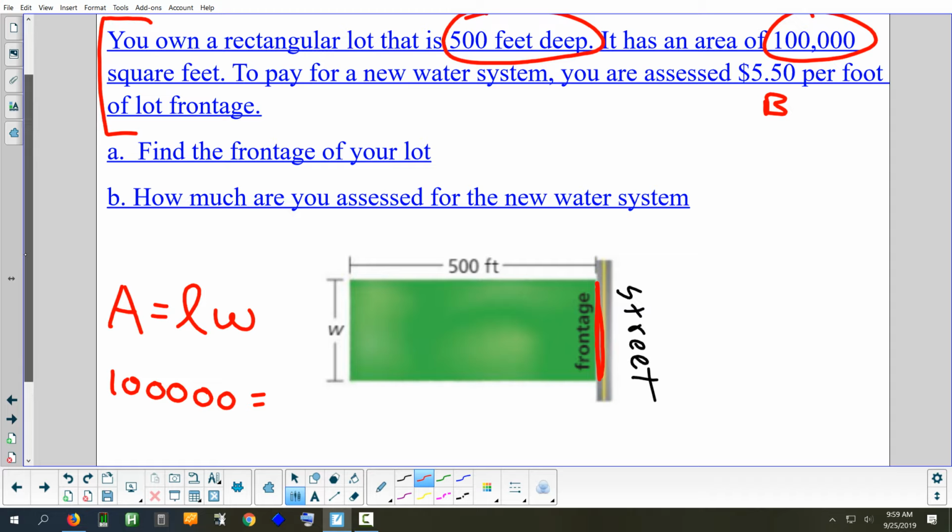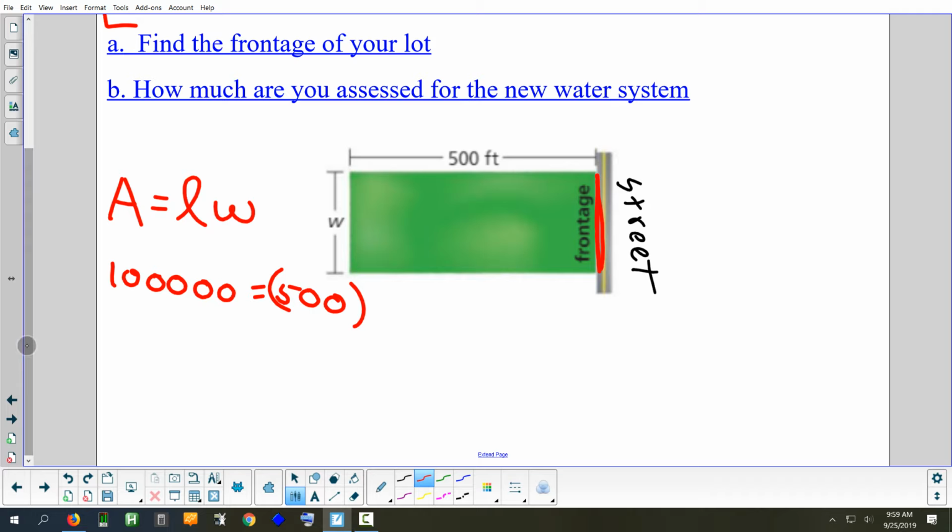Do I know L? What's L in this problem? 500, right? That's the length of my rectangle. Length is always the long one. 500. What's my width? I don't know.